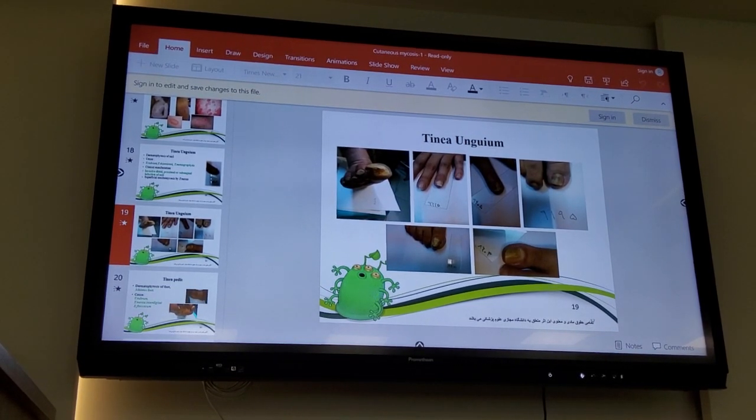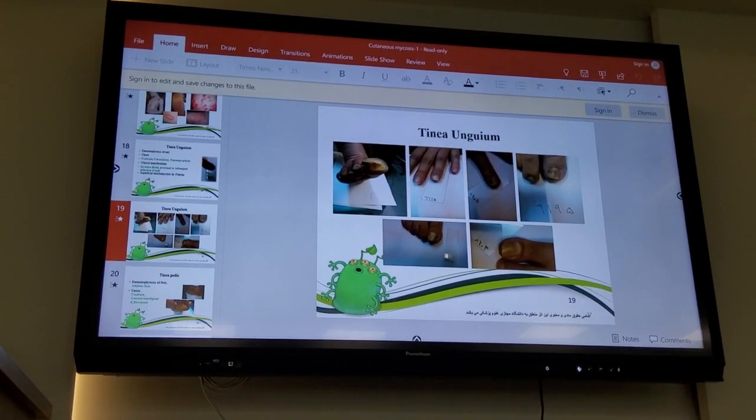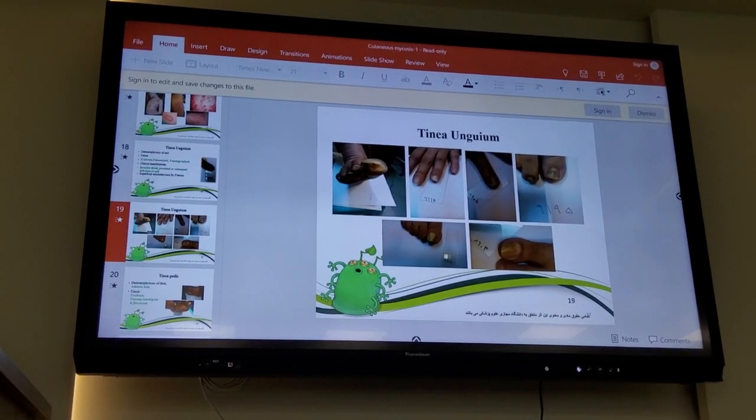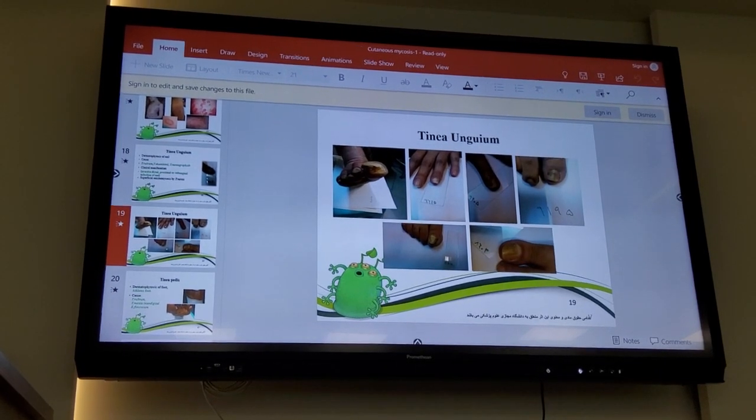In tinea unguium and dermatophytosis of the nail, the infection is usually in the toenail, in the foot, and after that in the fingernail.